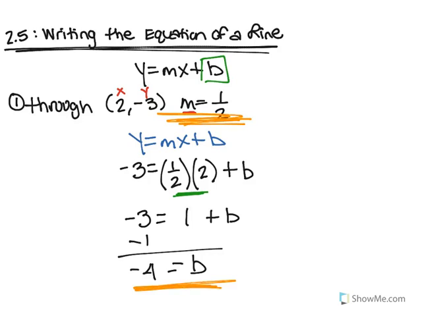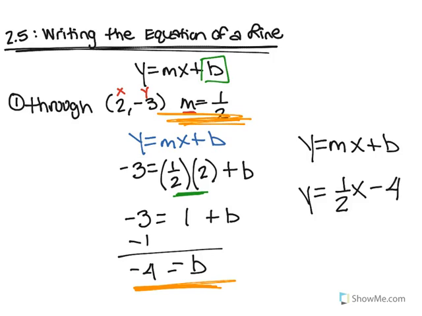Does everybody understand? The equation is going to be in slope-intercept form. So you're going to have y equals, what's the m? 1/2. You stick an x on it so we know it's m. And then you're going to say minus what? 4, because that's your b.